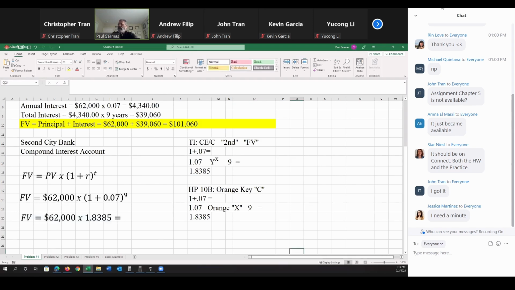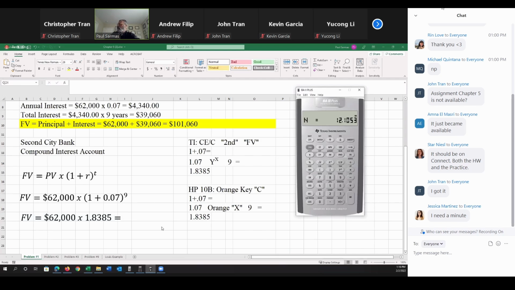Okay, so let's do the calculators one by one. Notice I said second FV, CEC, second FV. All right, so you do 1 plus 0.07, the calculator will put equal. You guys have to let me know if I need to slow down or repeat something, so feel free to do so.